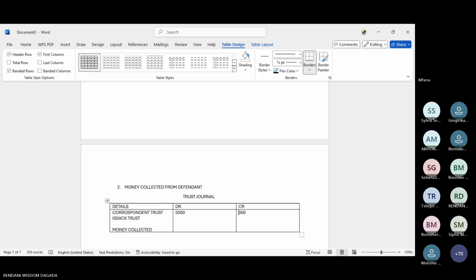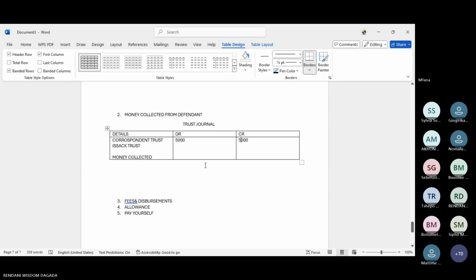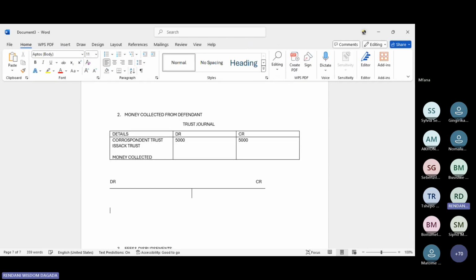5,000. Then we are going to do double entry here. We are going to have 2 ledgers, obviously. We are going to have correspondent trust ledger. This one you can just cram, guys, because it's always the same thing over and over again. And I'm going to share the memo.